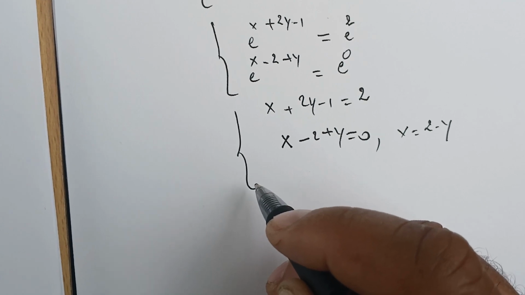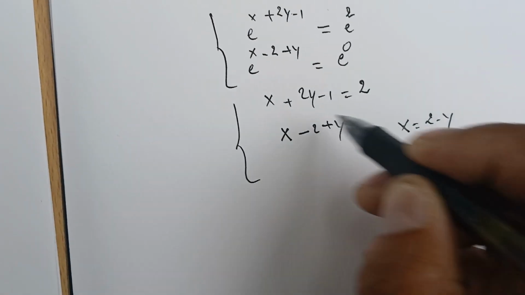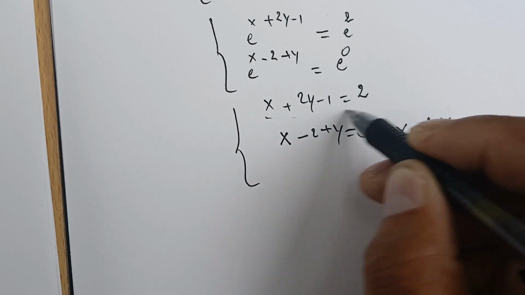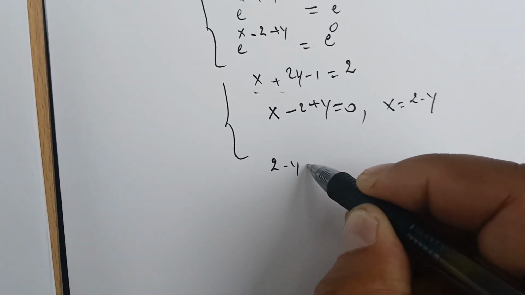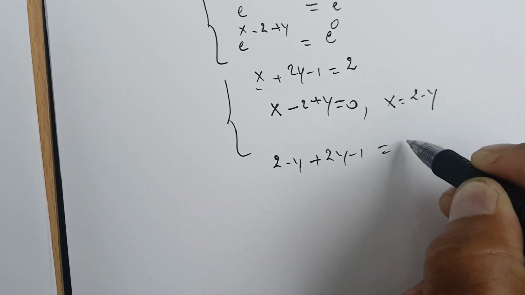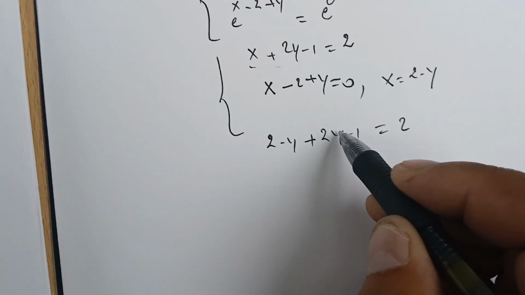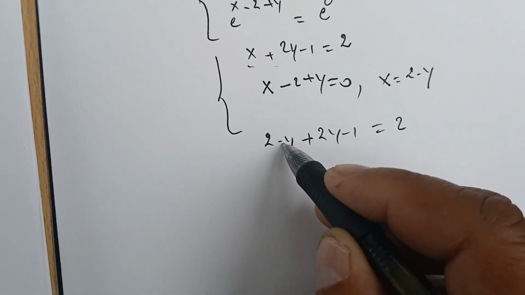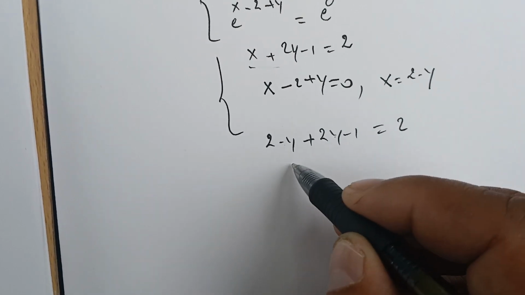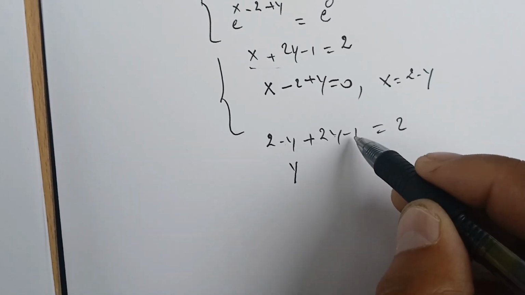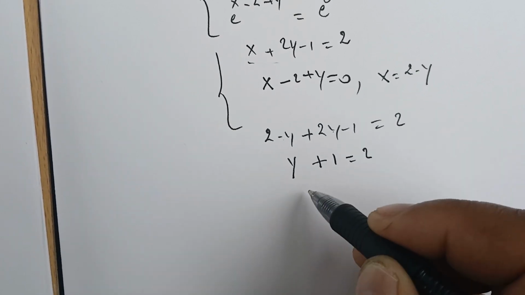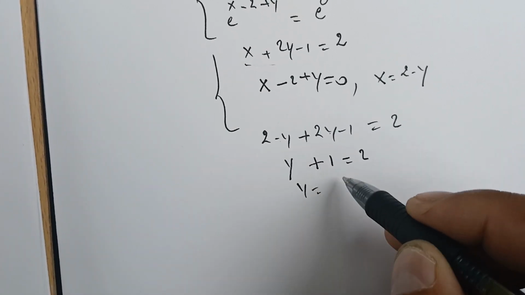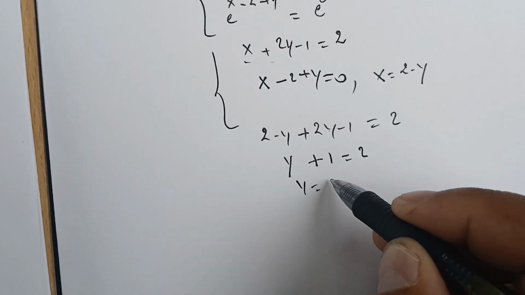If we plug it in the first equation, we get 2 minus y plus 2y minus 1 equals 2. Here, minus y plus 2y is just y, and 2 minus 1 is just 1, so y plus 1 equals 2. Adding minus 1 to both sides, we get y is 1.